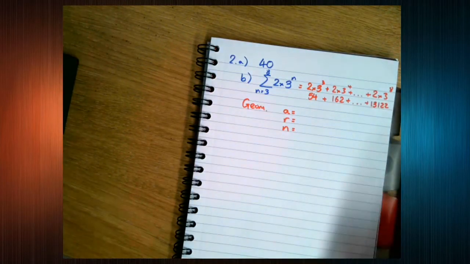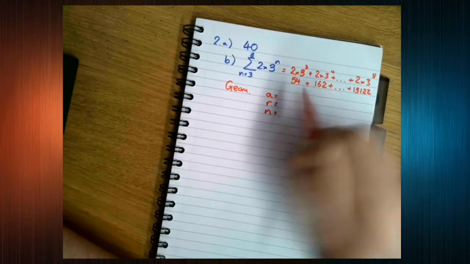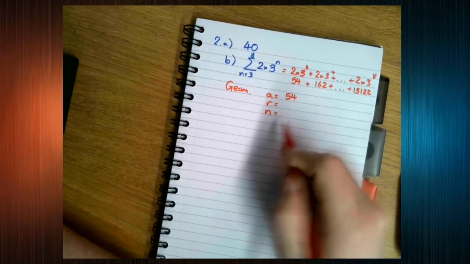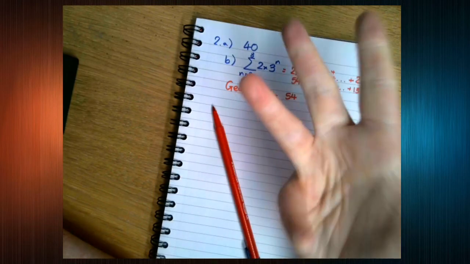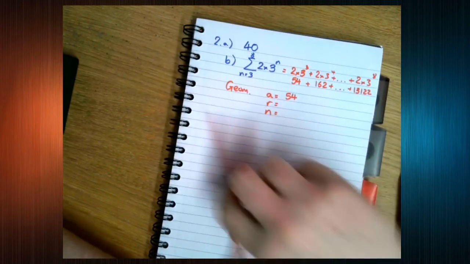So hopefully you can see the first term here is 54. The number of terms we've got when n is 3, 4, 5, 6, 7, 8, you have 6 terms.